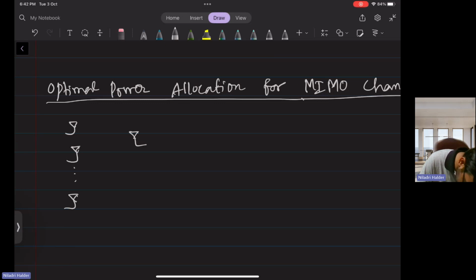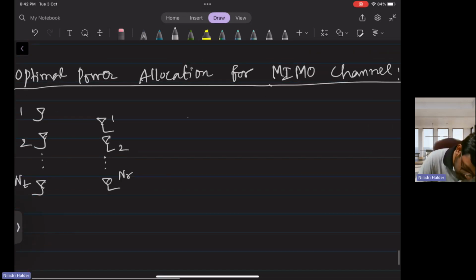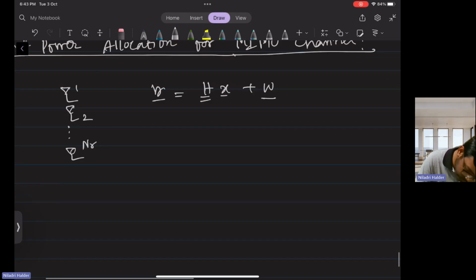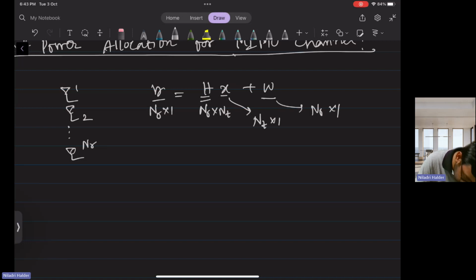The receive antennas are as follows: one, two, up to nr number of receive antennas, and one, two, up to nt number of transmit antennas. Okay. So the system is as follows: y equal to Hx plus w. So this y is a vector of nr cross 1, H is a matrix of nr cross nt, and x is nt cross 1, w is also an nr cross 1 vector.